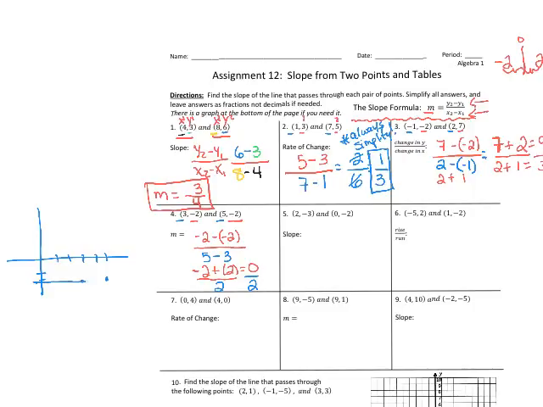I'm going to have a straight flat line at -2. And we know that when we have horizontal lines, we have 0 slope. Not undefined, that's when it's vertical. This is 0 slope. Okay?